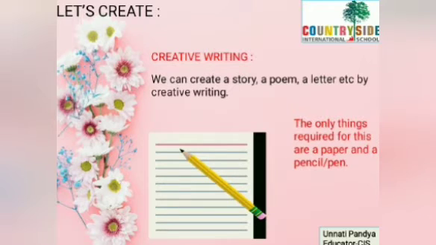The only things required for creative writing are a paper and a pencil or a pen. And of course, the most important thing is your thoughts, your thinking, your ideas, your imaginations, your words, right?